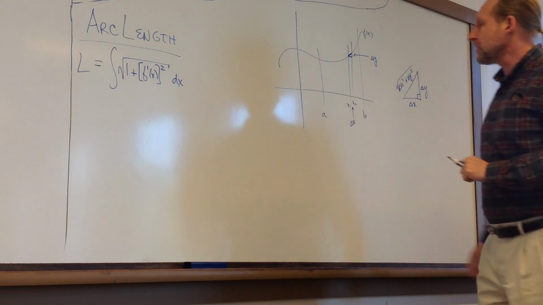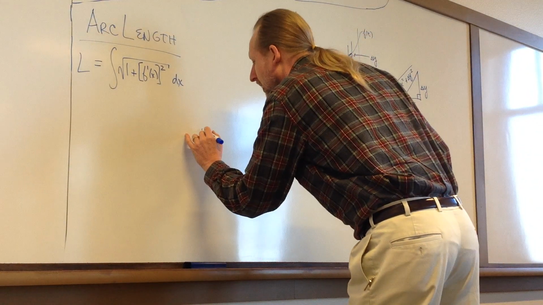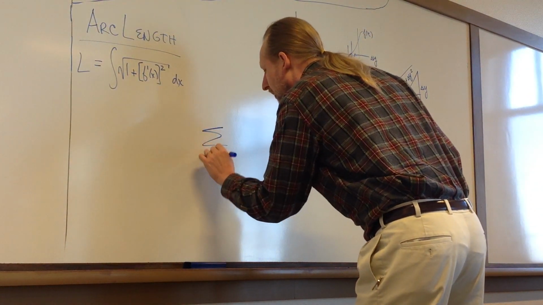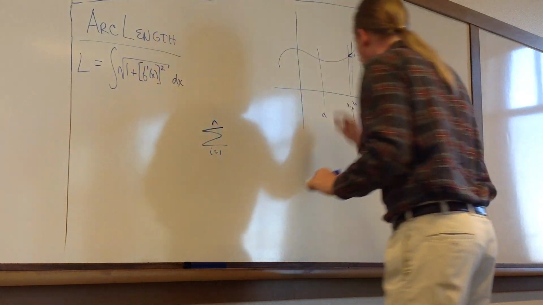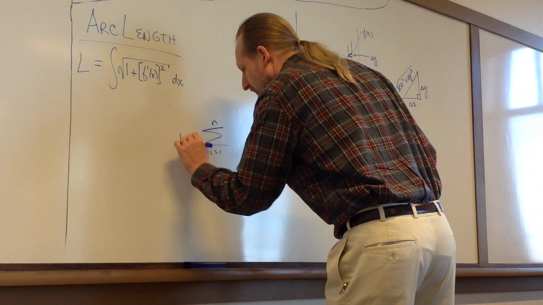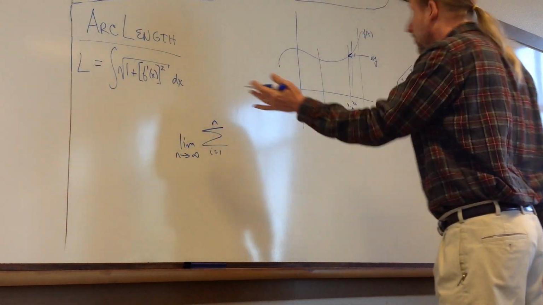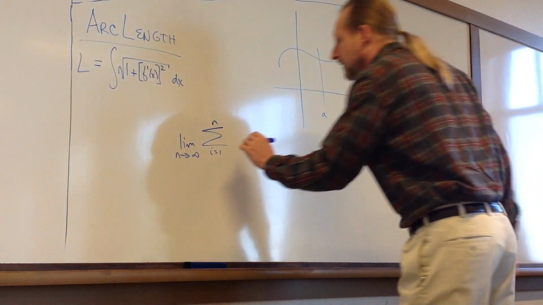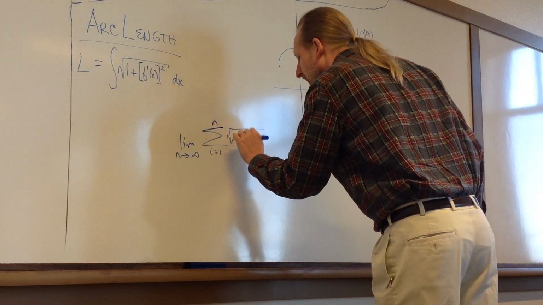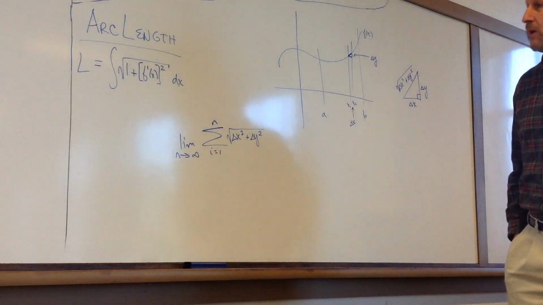So now we want to sum this up. So we're going to take the sum as i runs from 1 up to n between a and b, and then take the limit of that as n goes to infinity. And all we're going to do is sum up all of these little pieces, the square root of delta x squared plus delta y squared.